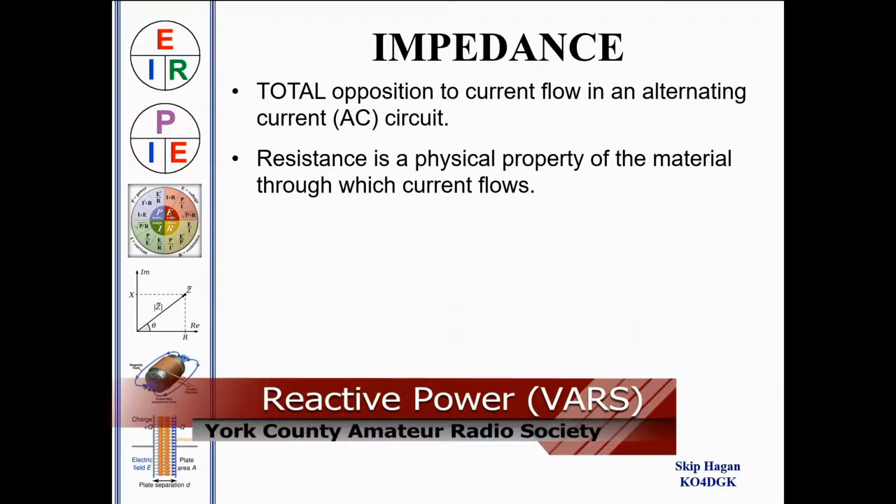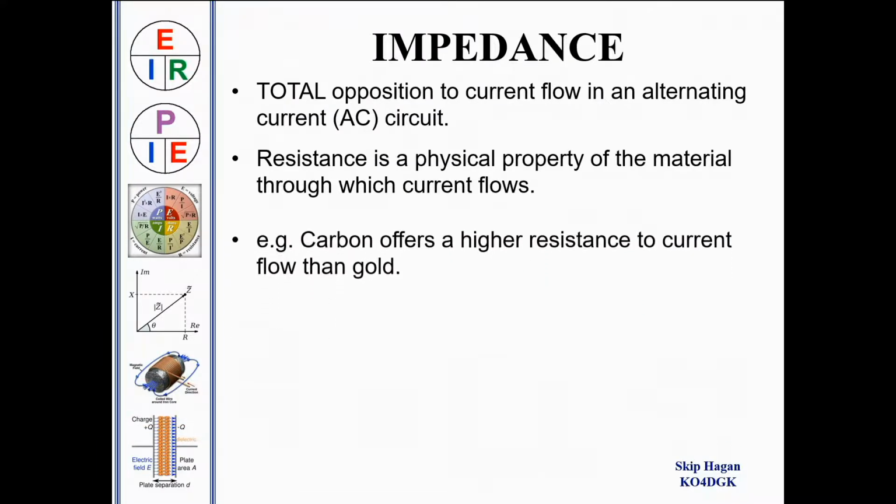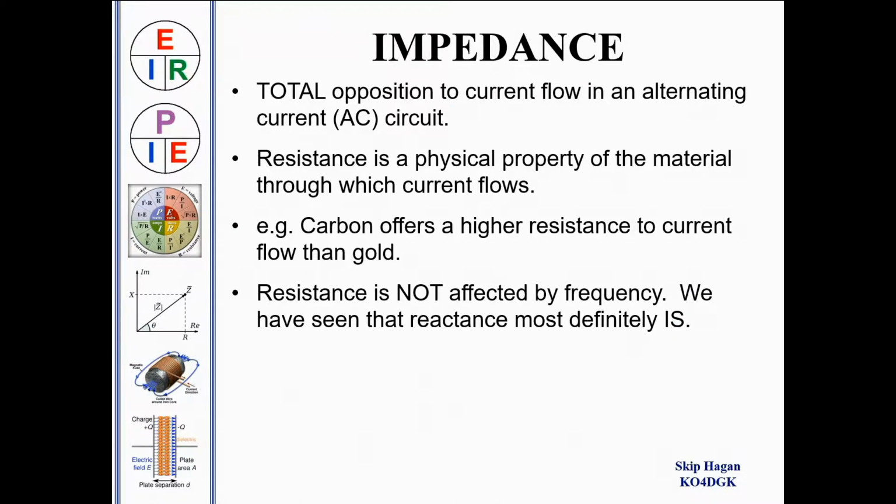So resistance is a physical property of the material. Also, resistance is not affected by frequency. And I hope you've gotten the idea now that reactance most definitely is affected by frequency.